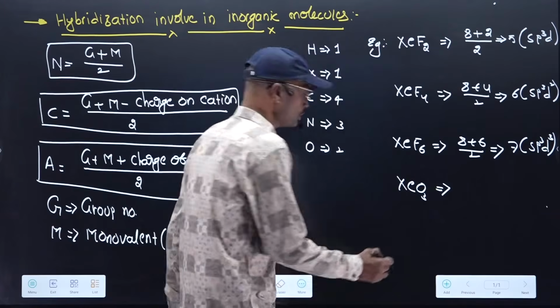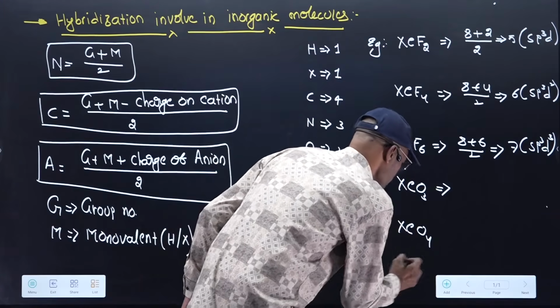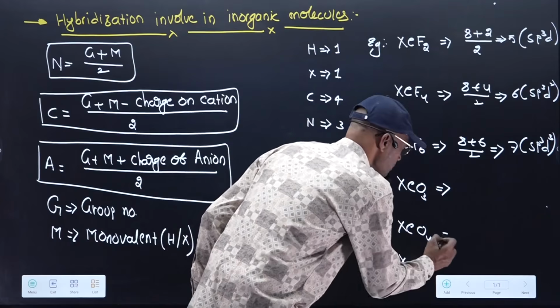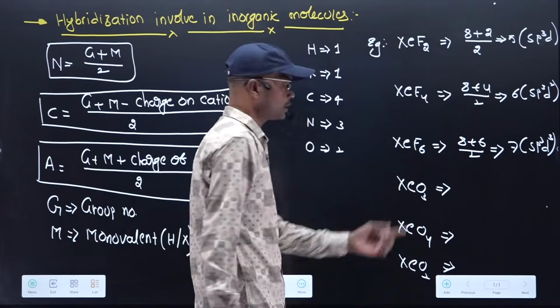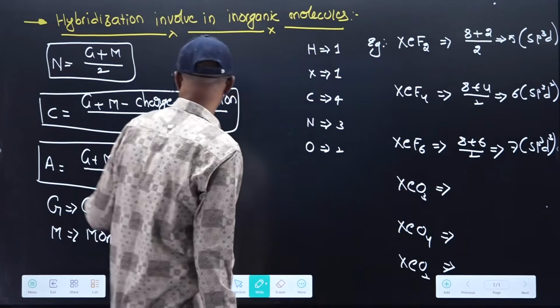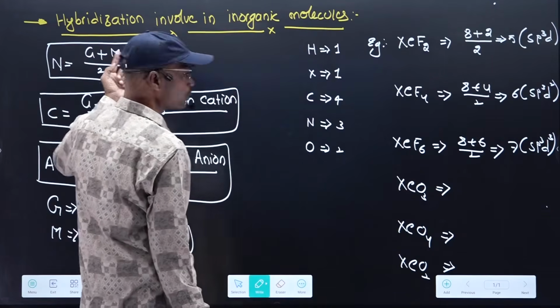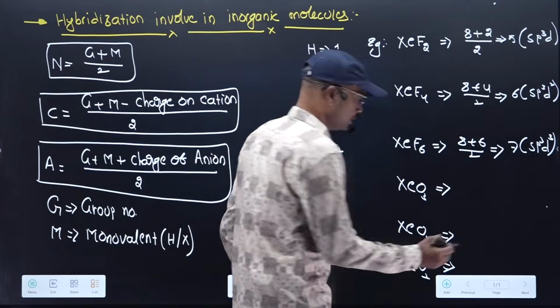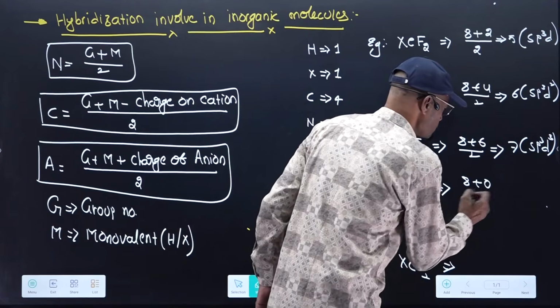Suppose I take xenon trioxide, xenon tetroxide, xenon dioxide. Take xenon trioxide. How many monovalents here? Formula: group number plus monovalent. Group number for xenon is 8. How many monovalent? 0, by 2.